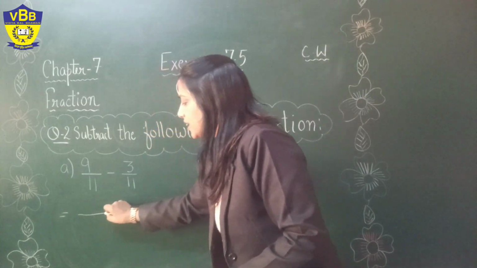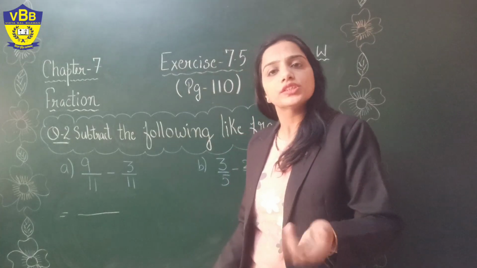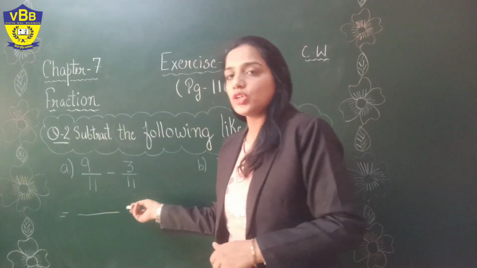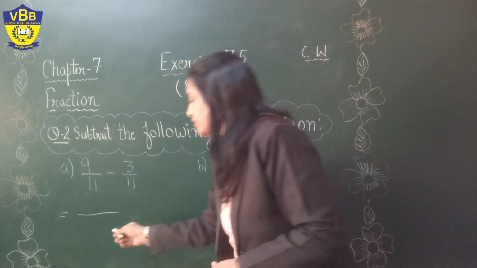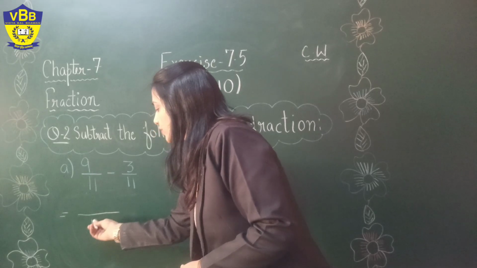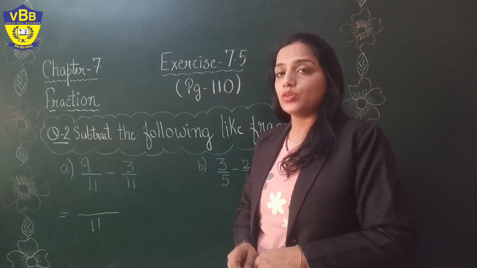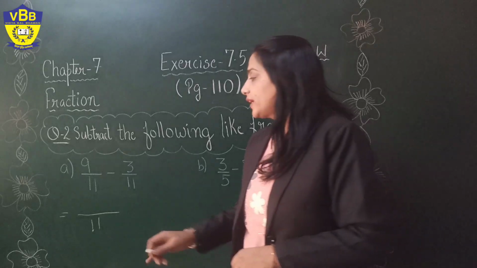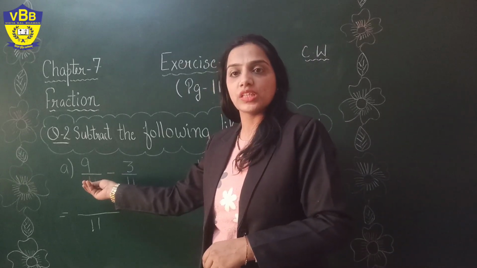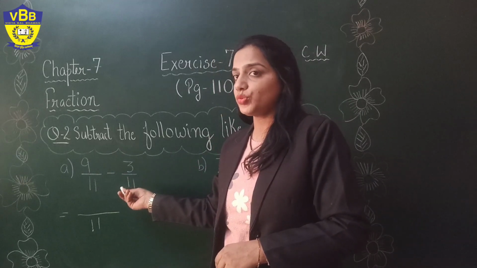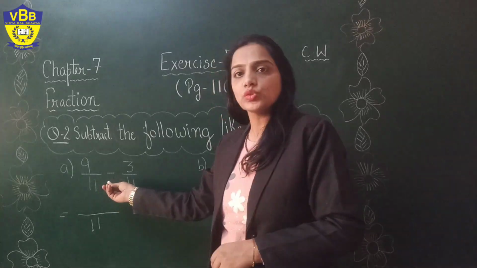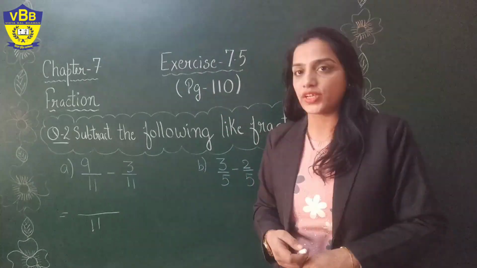So the first step is to check the denominator. Both denominators are the same, so it is a like fraction. So we will write 11 here, right? Now check the numerator values. Here the first numerator value is 9 and the second is 3. And what do we have to do? We have to do the subtraction.